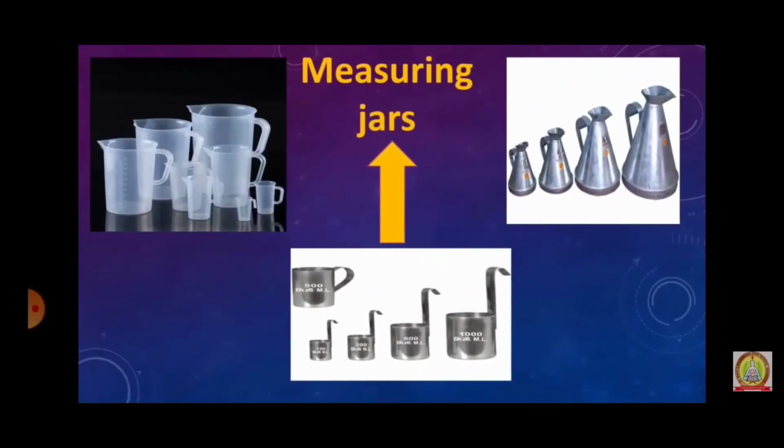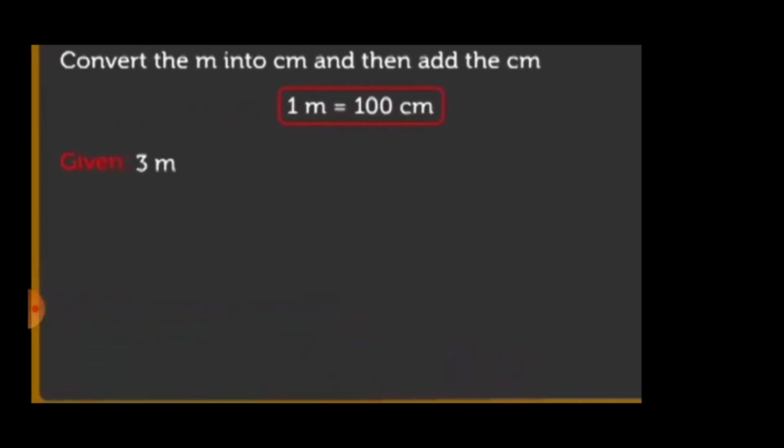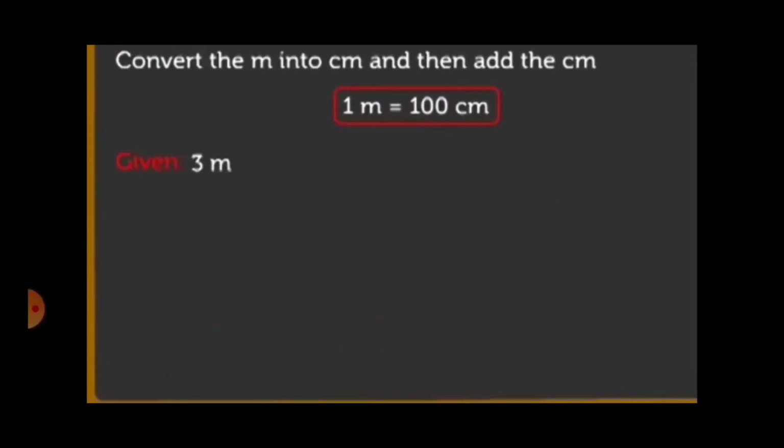These are the various shapes used as standard measures with a marking for measuring liquids. Children, I hope you have understood what measuring units are and how they are used. Now, let us learn how to convert meters into centimeters, liters into milliliters.